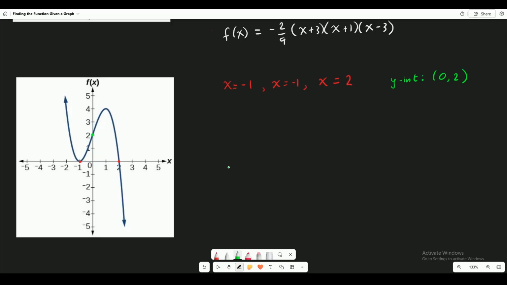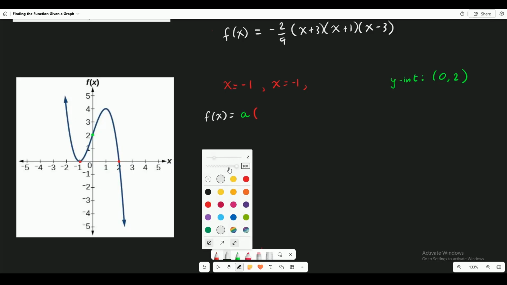So now let's write our polynomial. Alright? So it looks like it's going to be minimum a 3rd degree. So we have f of x is equal to some number a times the factors. I'm going to keep the shared ones in red, but since the last one is a different one, I'm going to change the color on it.